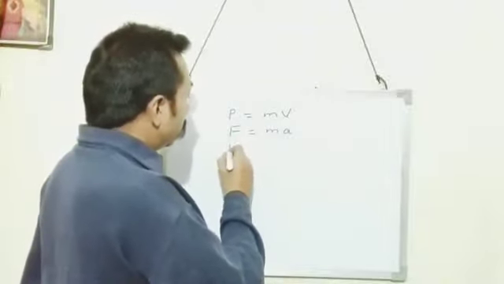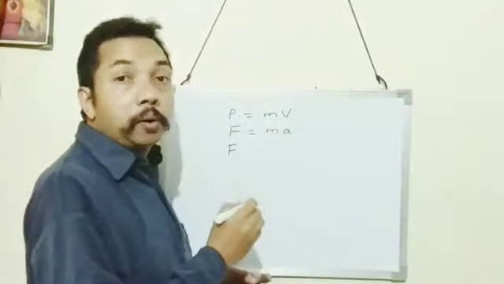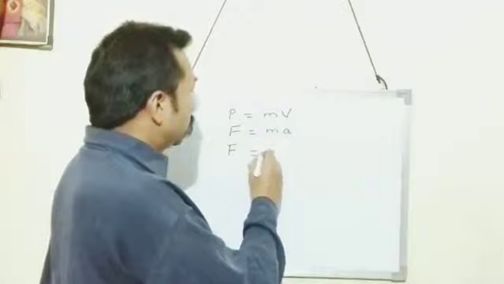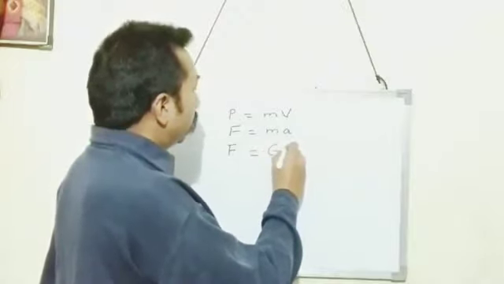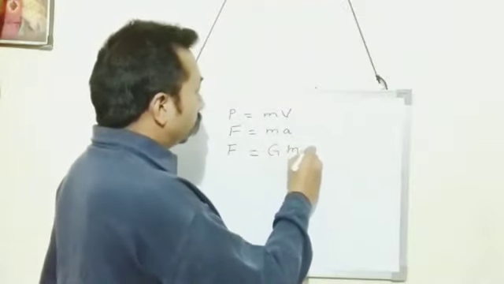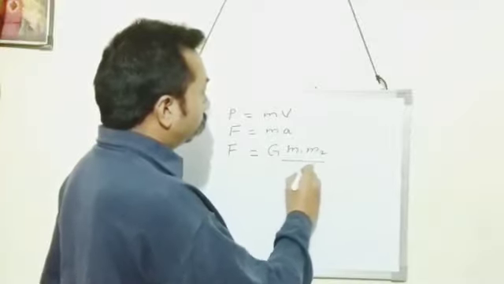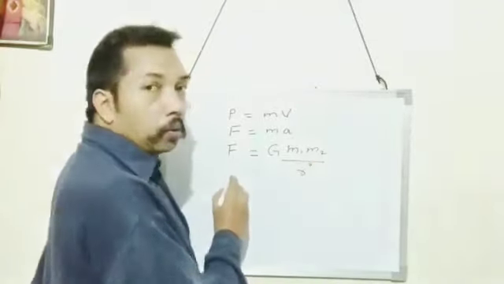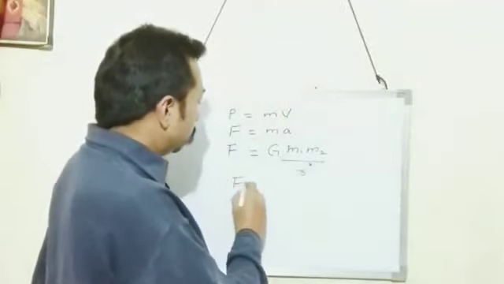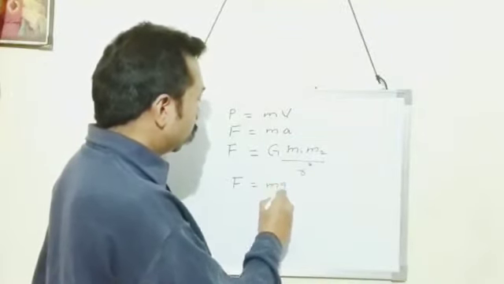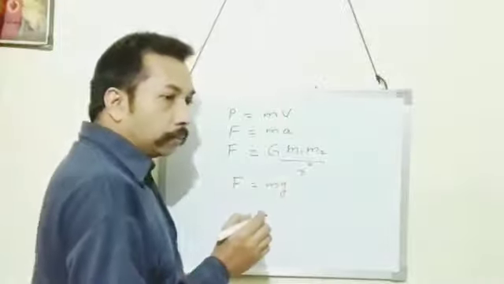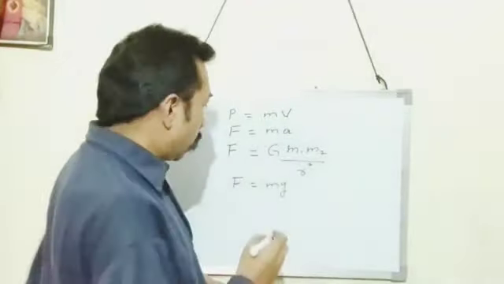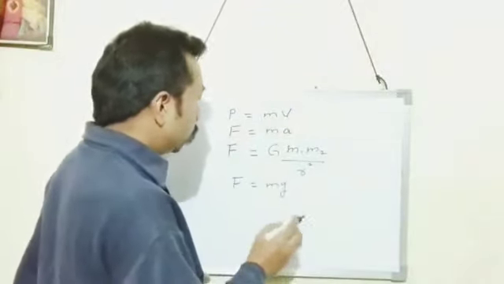Then force by the law of gravitation, F is equal to G M1 M2 upon R square. Then force due to gravity, F is equal to mg. Then equations of motion in the case of free fall.